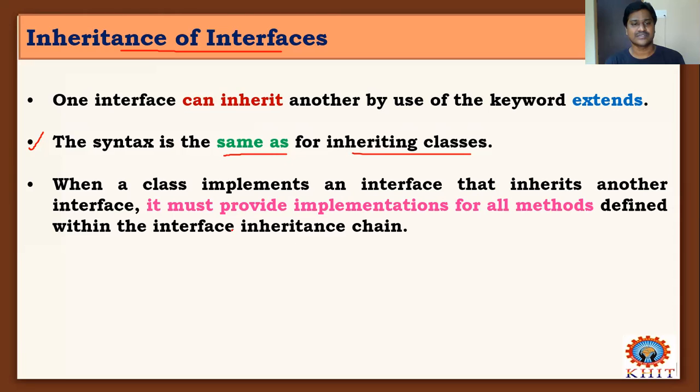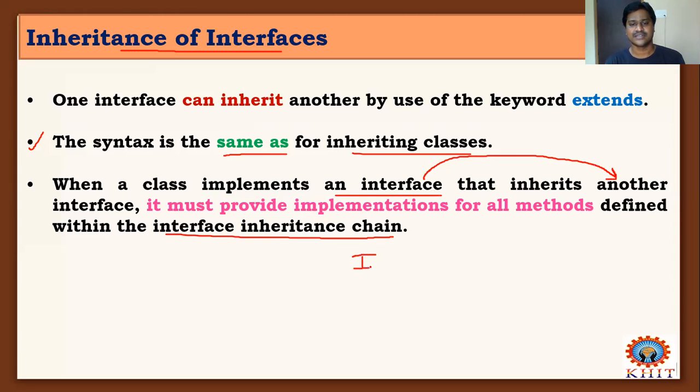So this is called the interface inheritance chain, right? Then coming to here, in addition to that, we learned this up to now, but here is the concept of when one class implements one existing interface that is already inheriting another interface. So this is the thing we are going to see here.